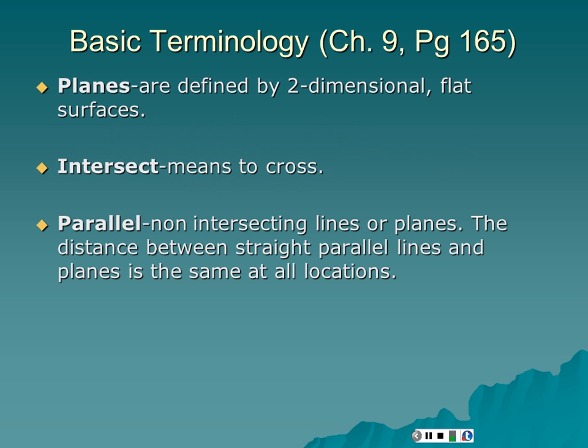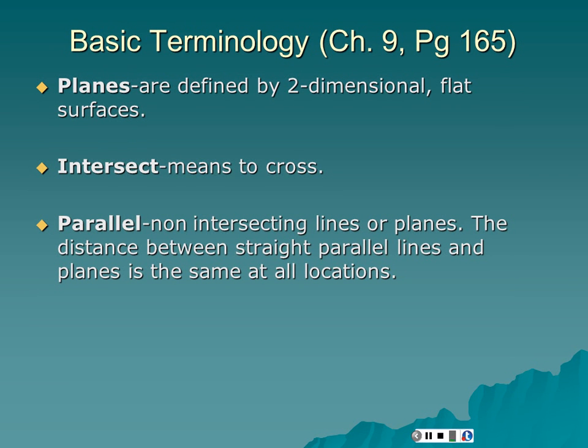Now, first, let's look at different kinds of planes we have. Now, the planes are defined by two-dimensional flat surfaces. Any plane, if we mention any plane anywhere, that means we have two dimensions. Sometimes in general the dimensions can be length and width.